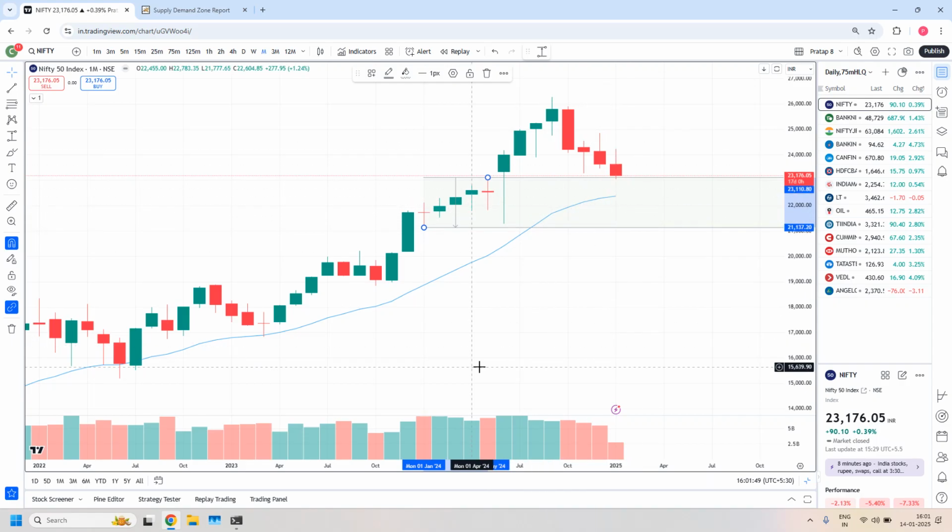Generally, how does the market behave? The market creates panic in the investors. When investors are in panic, they sell a huge amount of shares, and that is the time institutions will be buying.